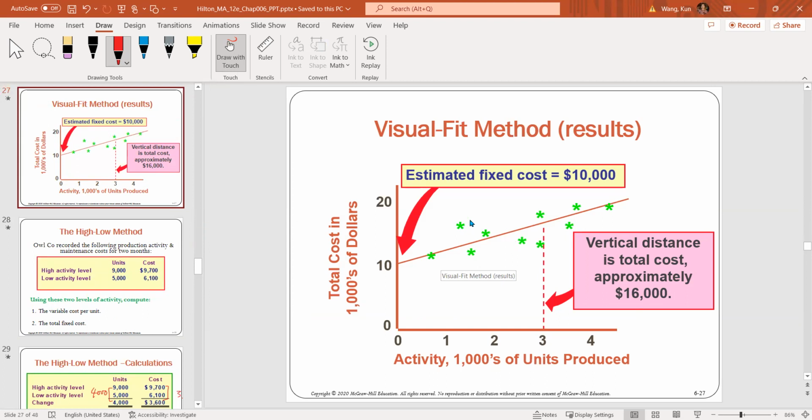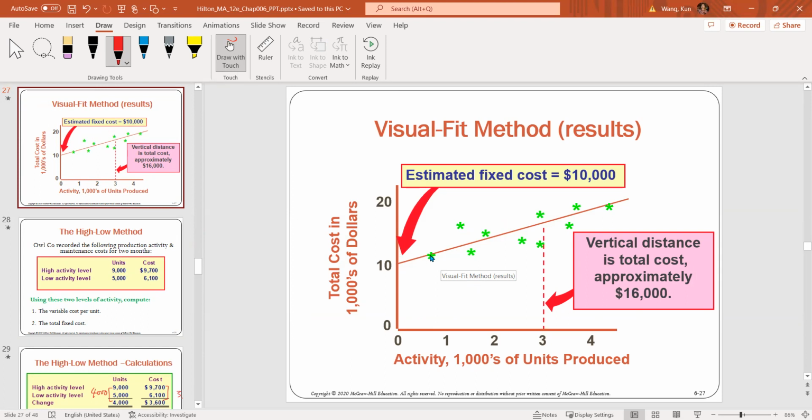I pick a highest point and a lowest point of the data. I'm thinking it should be the highest cost and the lowest, highest activity and the lowest activity.